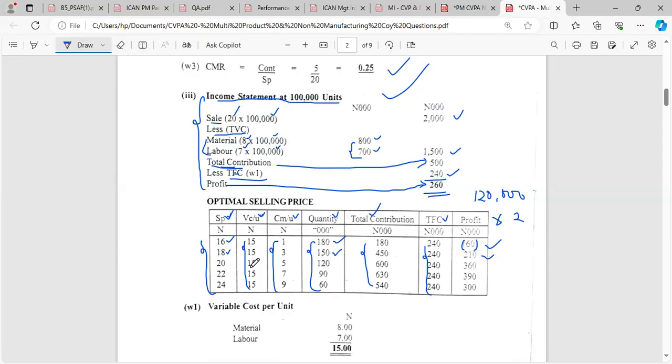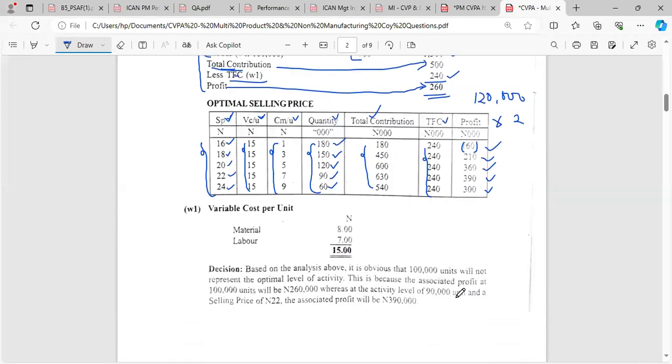If you go back again to 20 naira and the quantity is 120, their profit will increase to 360. If we go to 22 naira and 90 quantity, their profit will increase to 390. But the moment they move to 24 naira and sell 60 units, their profit will drop again to 300. So these are the various prices, quantities, and their profitability if the company intends to produce them.